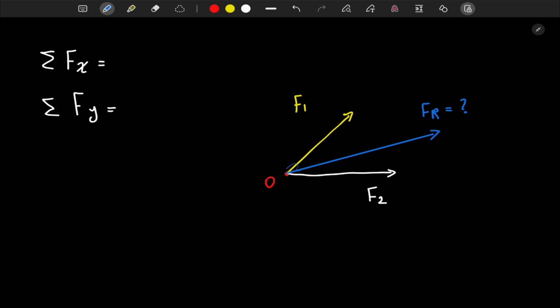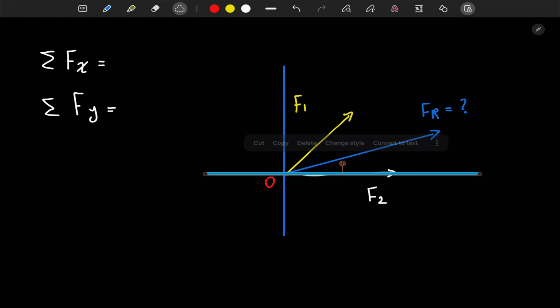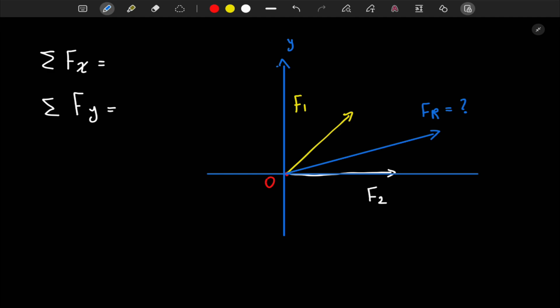So now let's consider that the XY plane is here. This is the y-axis and this is the x-axis.